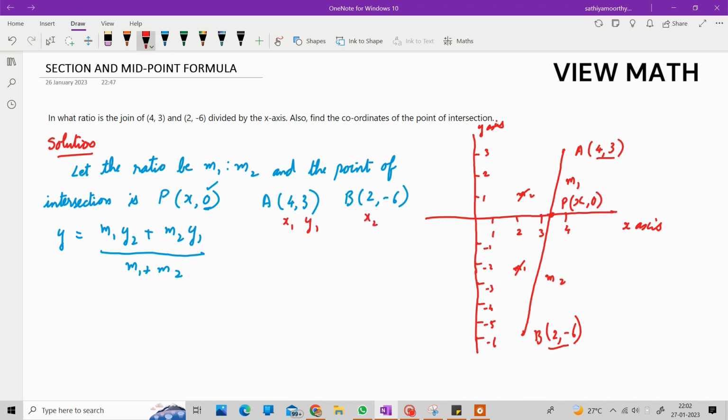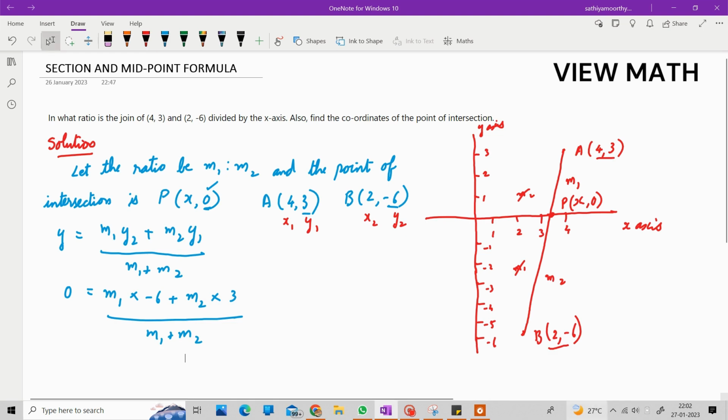This is x2, y2. Now let me substitute it. Here y is equal to 0, m1 I have to find out, let me write as it is, m1 into y2, y2 is minus 6, plus m2, let me write as it is, into y1, y1 is 3, divided by m1 plus m2.